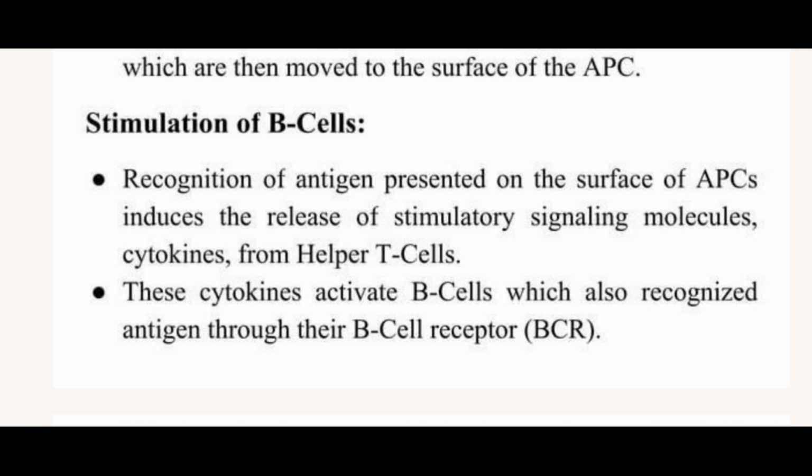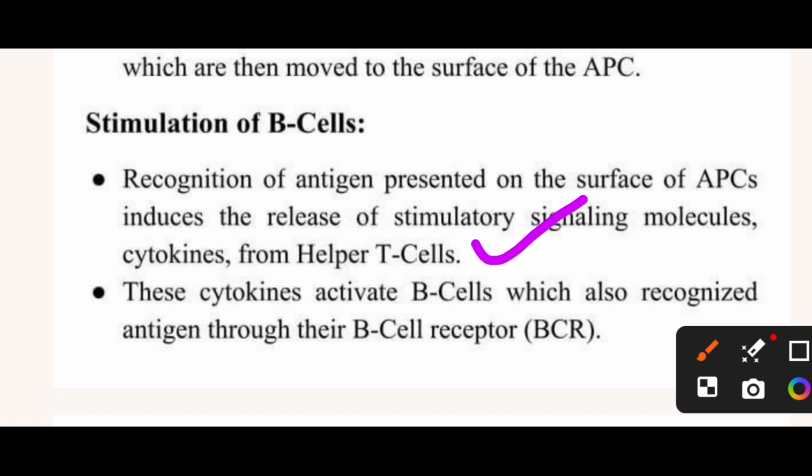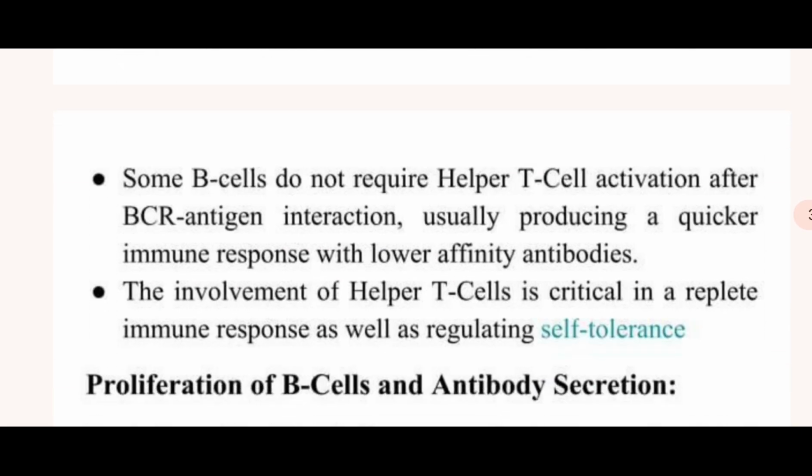Now the stimulation of the B cells takes place. Recognition of the antigen presented on the antigen presenting cell induces the release of signaling molecules, cytokines, and helper T cells. This cytokine activates B cells which recognize antigens through B cell receptors. Now some B cells do not require helper cells.